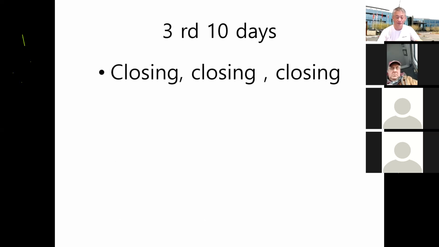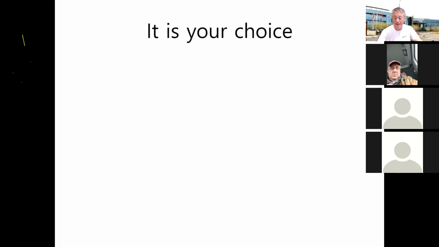Third 10 days, I don't think I'll spend the day doing invites, because I've supposedly invited everybody I can in the first 10 days. So third 10 days, you're doing closing, closing, and closing. Okay, there's nothing else. Just close. If you don't close, then nothing is done. So it's your choice. Make the decision. Pick your date. Pick the date. Very important. And then go for it.